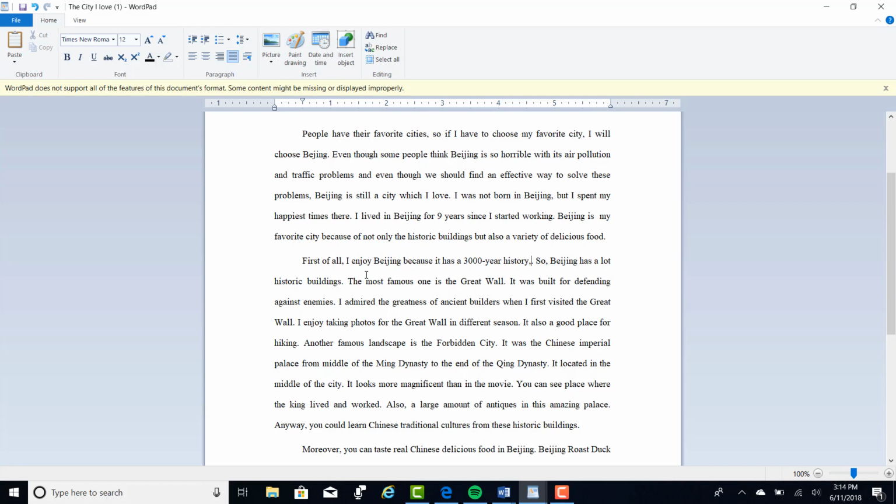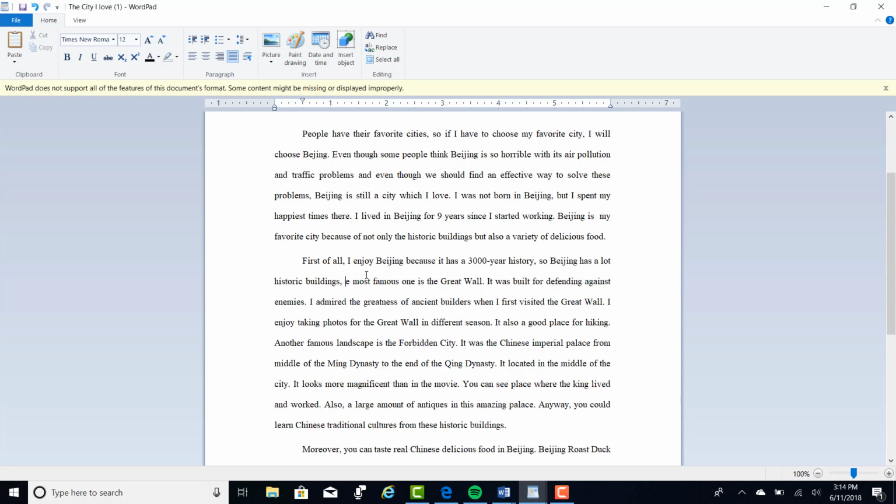Let's combine these two sentences together so you don't have this awkwardness. You can put so Beijing has a lot of historic buildings, and let's put a comma here. You're having a lot of short, simple sentences. This is going to bring your score down, right?